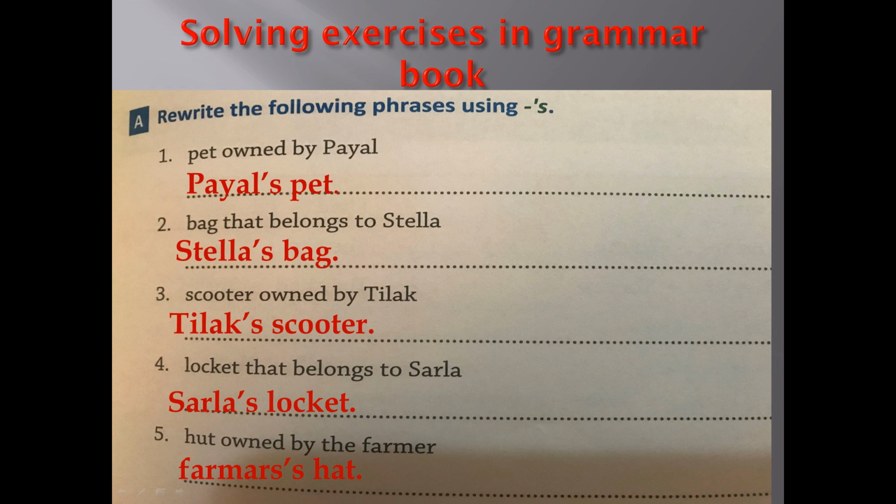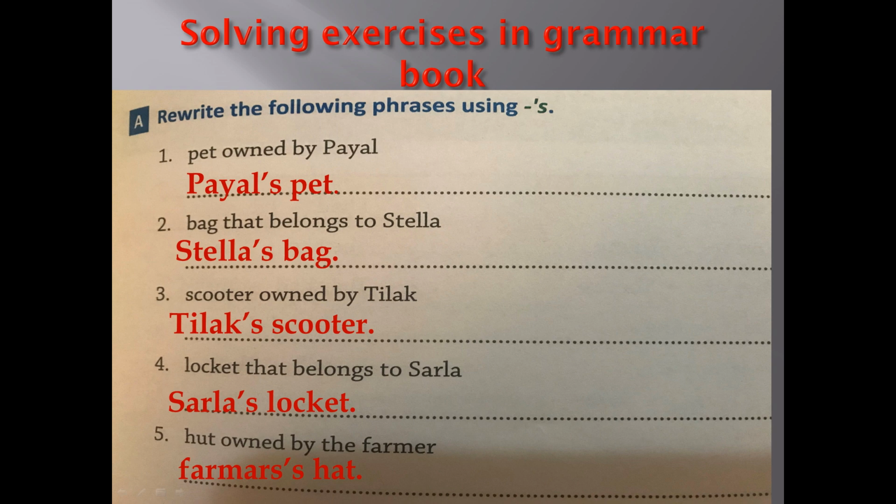Sentence number 2. Bag that belongs to Stella. Stella has a bag, so I will say Stella's bag instead. Stella apostrophe S, Stella's bag. Scooter owned by Tilak. Tilak has a scooter. So how can I use the apostrophe here? I will say Tilak's scooter.